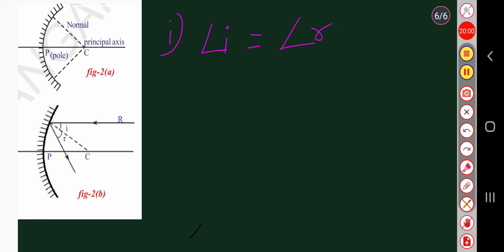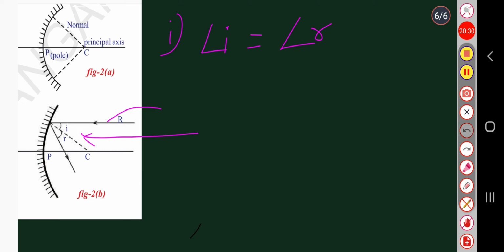The angle between the incident ray and the normal. This is the incident ray, and this dotted line represents the normal line. The angle between the incident ray and the normal is called the angle of incidence. This is the reflected ray. The angle between the reflected ray and the normal is called the angle of reflection.